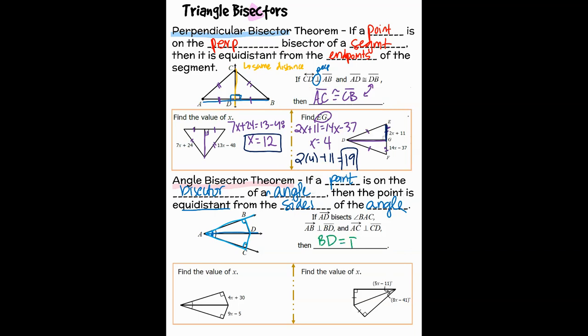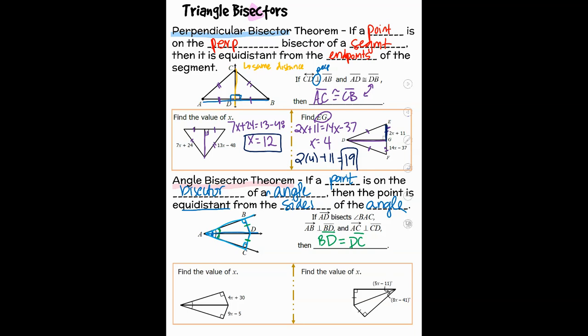BD has to be congruent to DC. Okay? So the converse of this theorem is about the angles, that if all of this is true, then this small angle in this triangle is congruent to this small angle in this triangle.